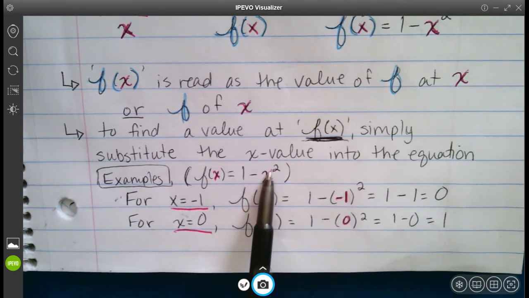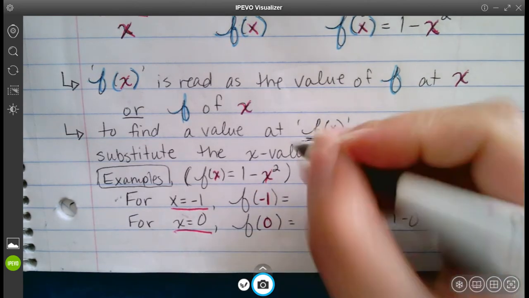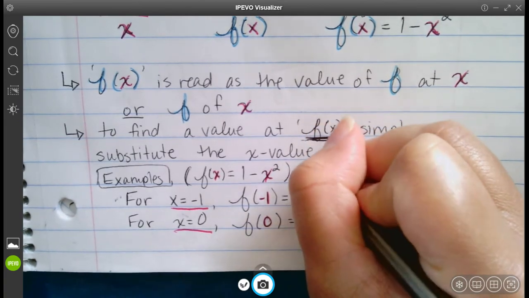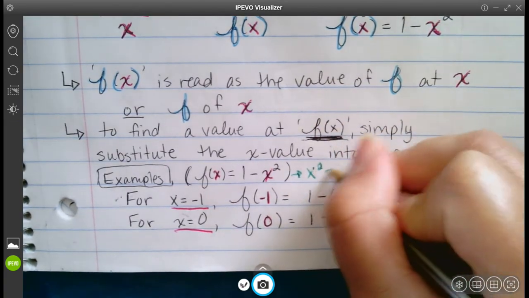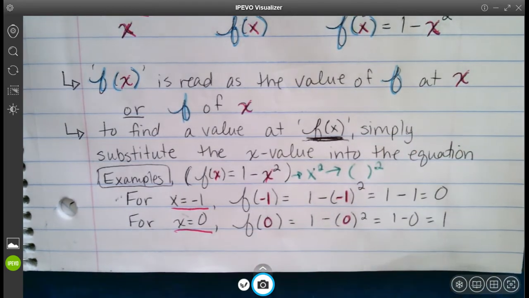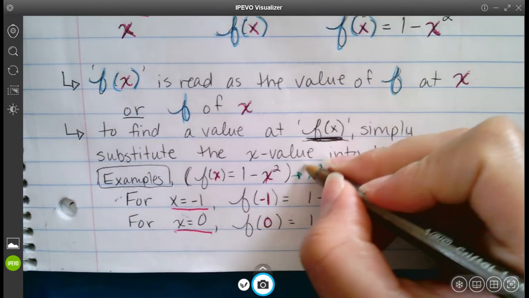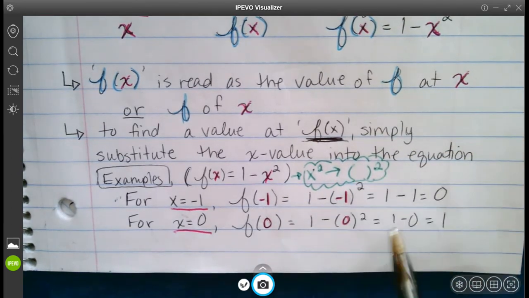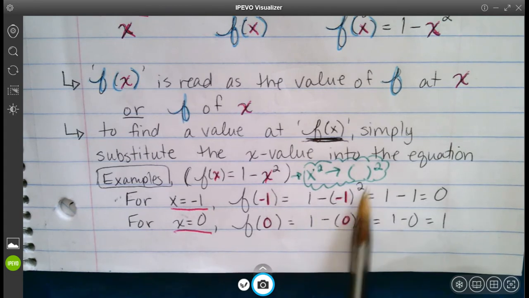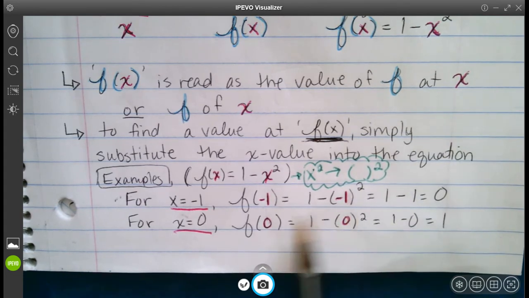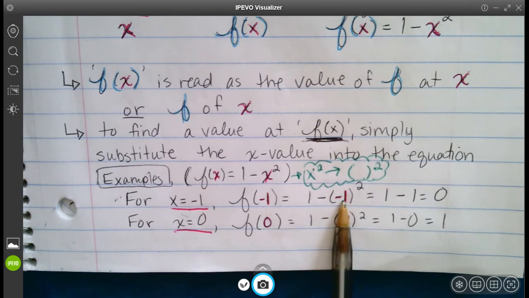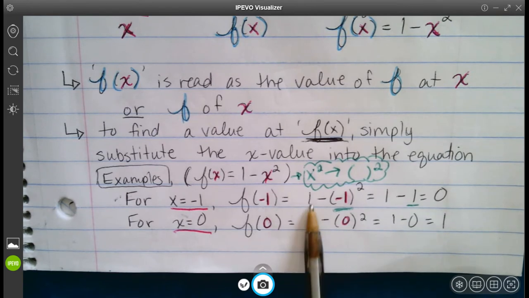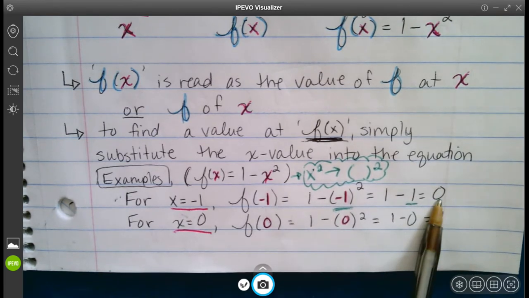You need to be careful because for x squared, when you're plugging stuff in, you want to think of it like parentheses squared. Especially when there's negatives involved, people will forget that a negative squared is actually positive. You can see in this example, -1 squared came out to 1. And that's why 1 minus 1 is 0.